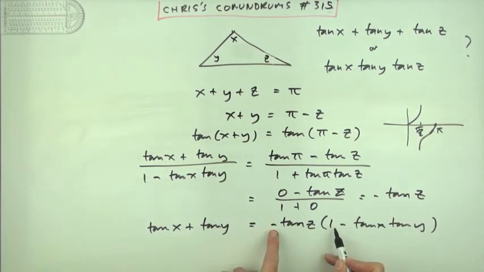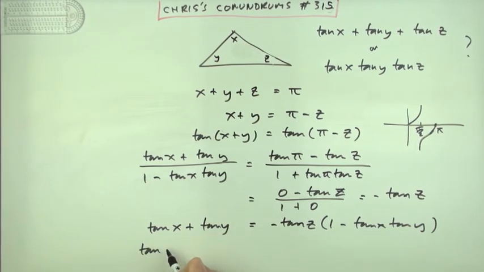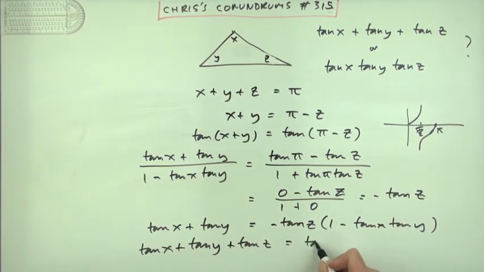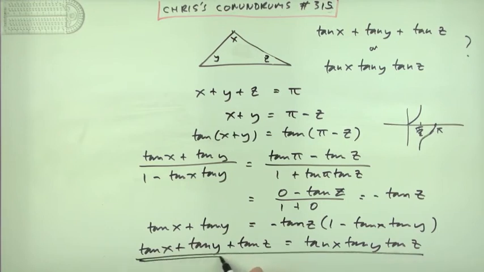Multiply out the brackets and bring that over, and here we go, tan x plus tan y plus tan z equals, now multiplying that in, the negative times the negative makes a positive, and it's a product of those three things. That times this is tan x, tan y, tan z. So in fact, it's an identity.